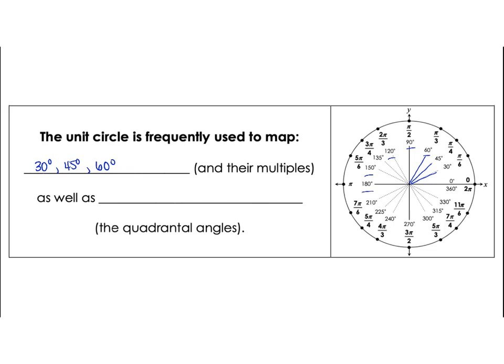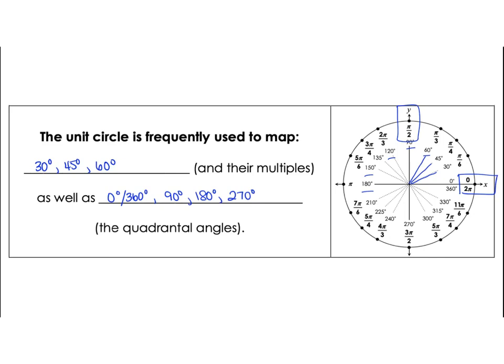It goes all the way around. It also is going to look at these coordinates that are on the axes, which are going to be our 0 and 360 degrees, 90 degrees, 180 degrees, and 270 degrees, which are the quadrantal angles.